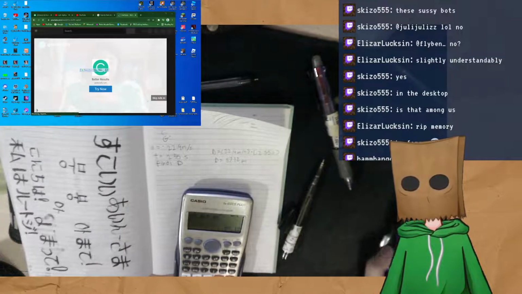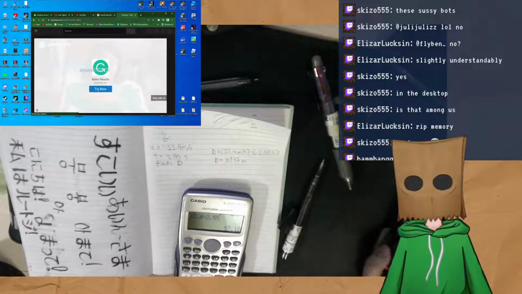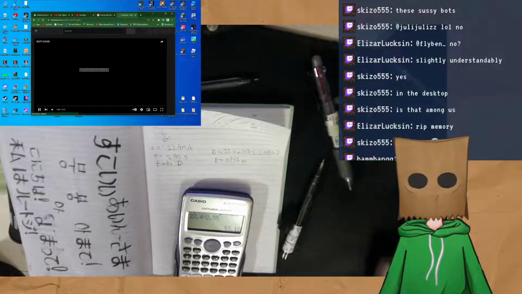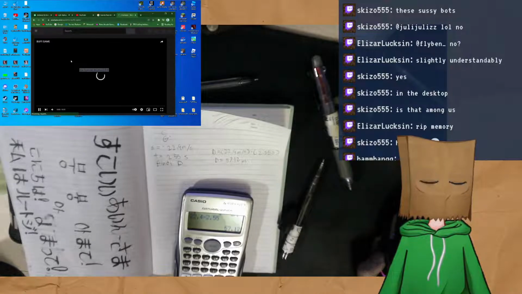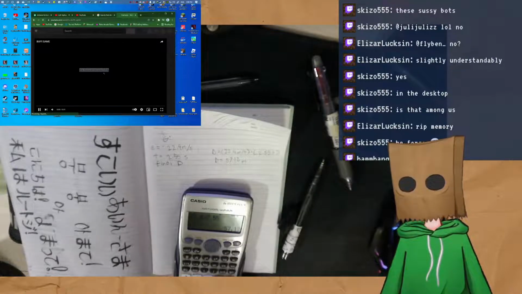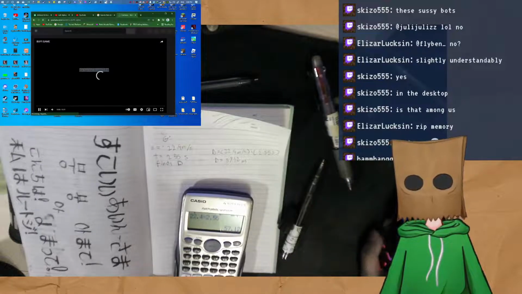I wonder if Opera is actually faster. I don't even know, man.